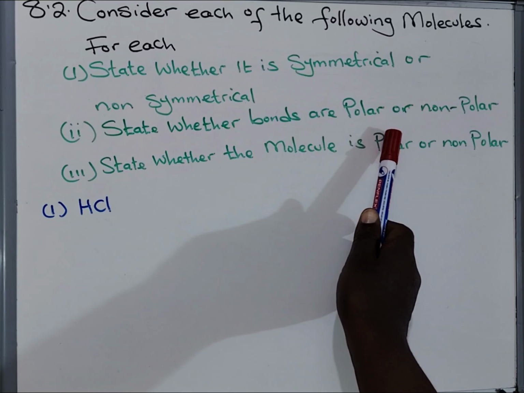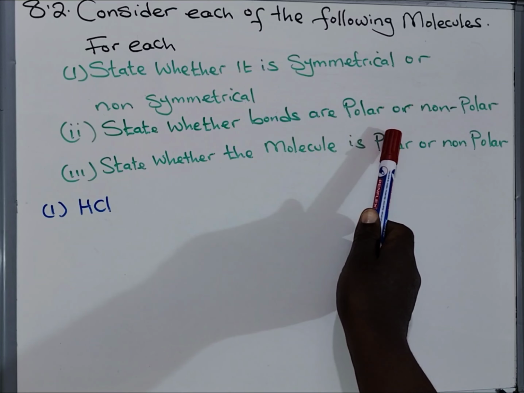They push the bonding pairs close, creating what we call an angular or V shape. Now the question comes, is the molecule symmetrical or non-symmetrical? It is non-symmetrical. Angular is a non-symmetrical shape.